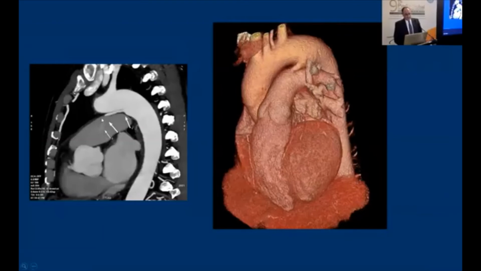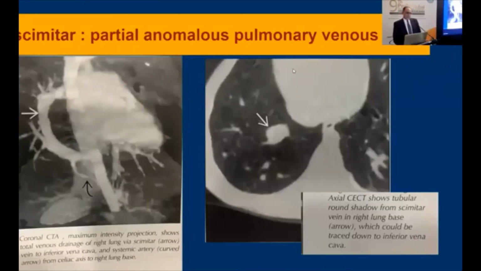CT angiography shows the connection between the pulmonary artery and the aorta. Another volume rendered image shows clearly the connection between them.